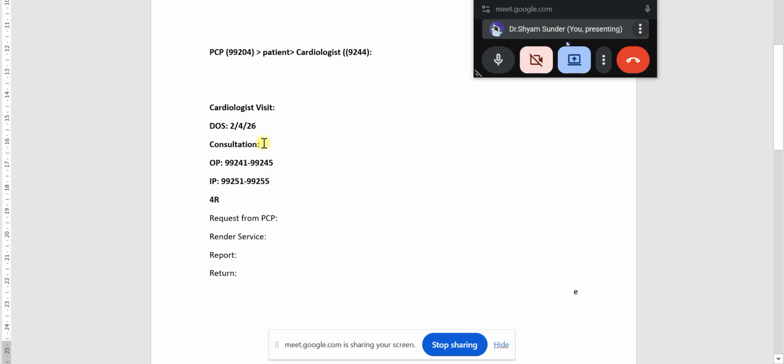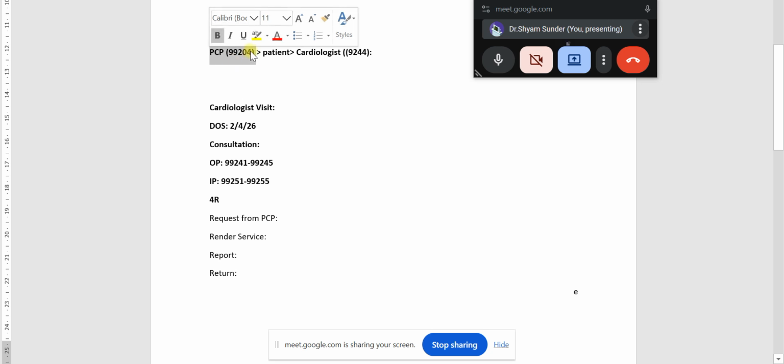The next question: are these codes only for the PCP, or if the situation changes and we go to the ER and they refer something, will the codes be the same?